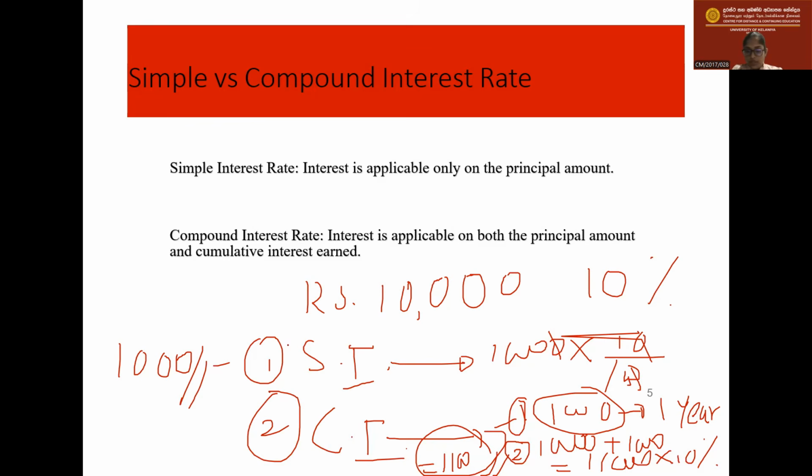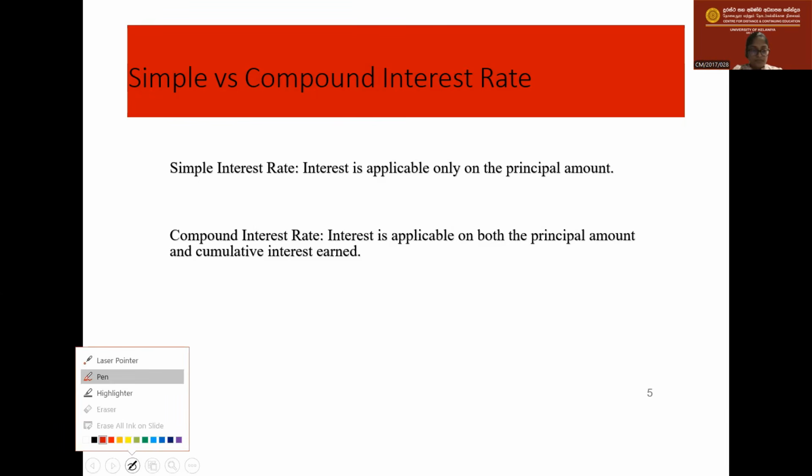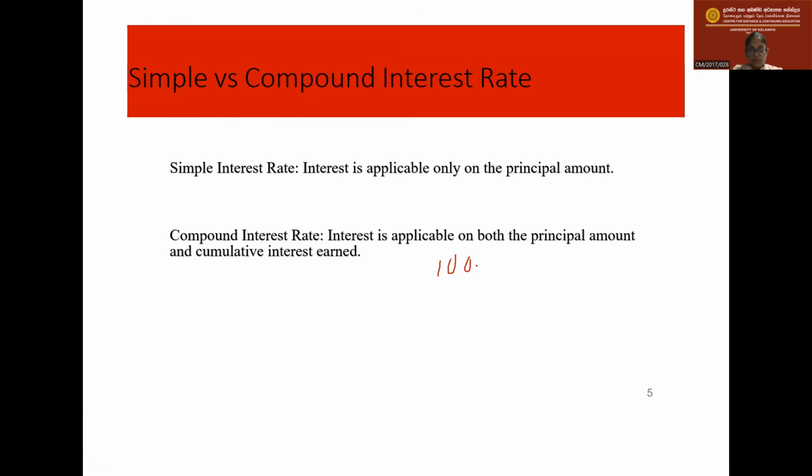So here, in this first year, even though the interest is 1,000, you can also calculate the principal amount at the end of the first year, like this. You only calculate the interest rate. Suppose 1,000 is there, and 10% is the annual interest rate.